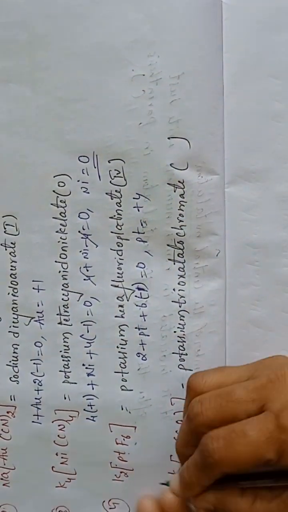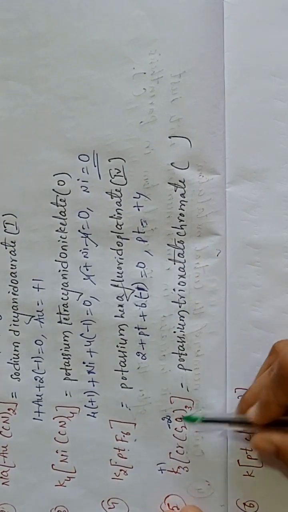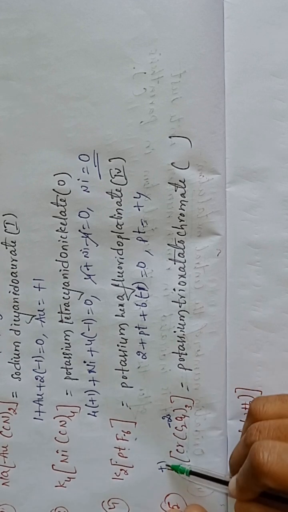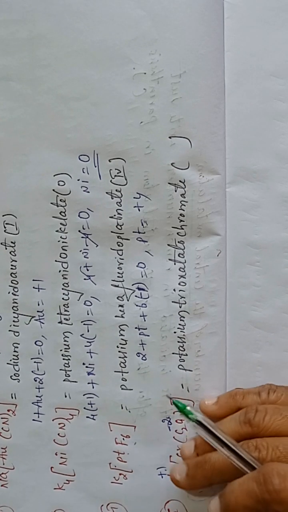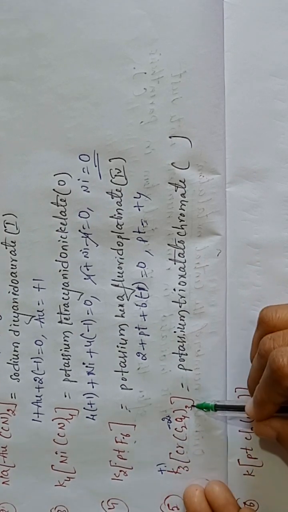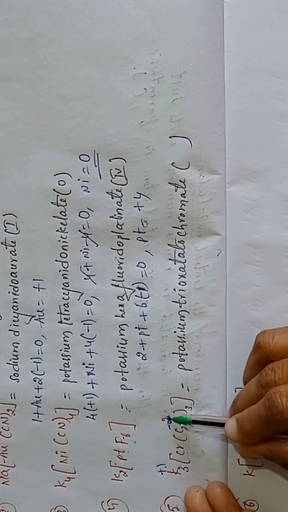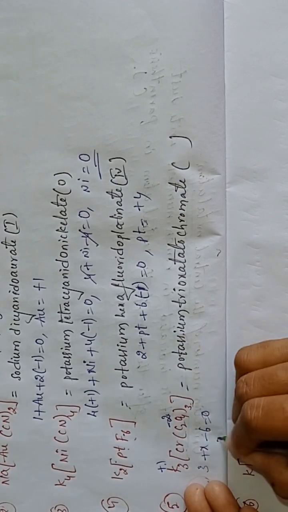How much, students? Potassium plus 1, oxalate ion minus 2. 3 into minus 2, minus 6. So here plus 3 for potassium, this is minus 6. 3 into minus 2. This is 3 plus x minus 6. That means x is equal to plus 3. Clear? So oxidation number, how much, students? 3.